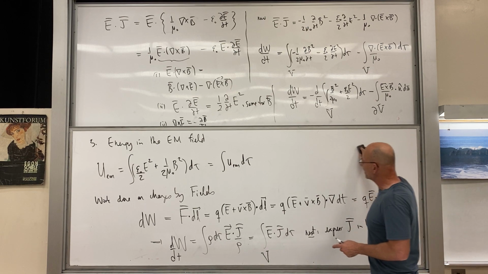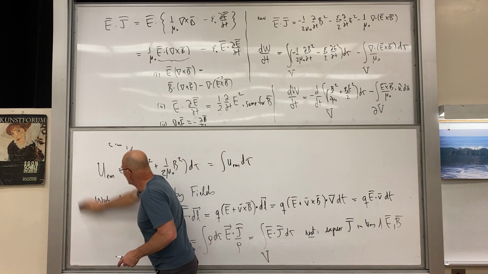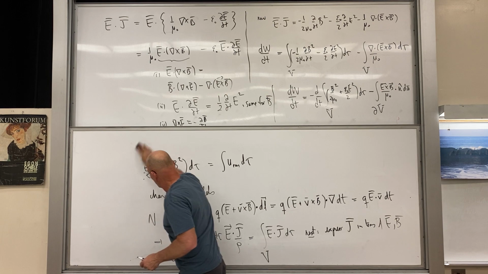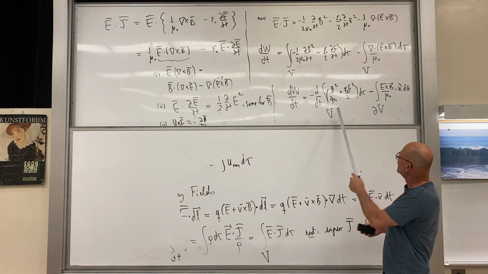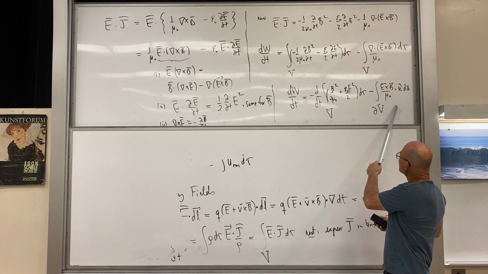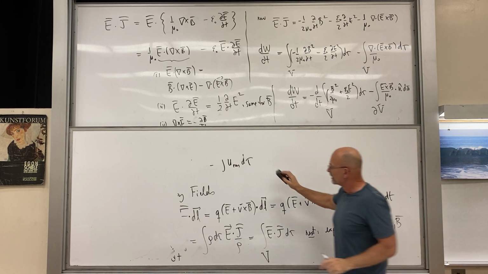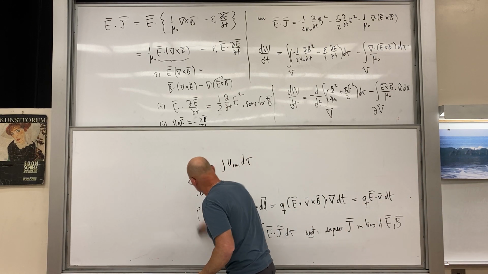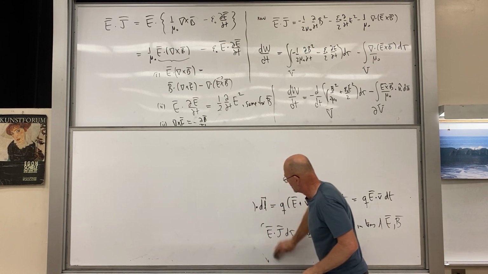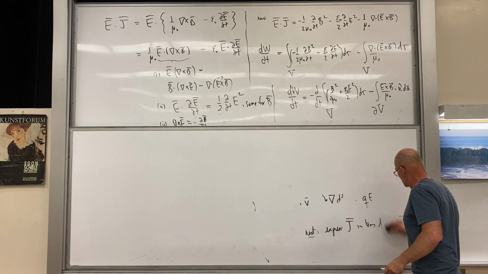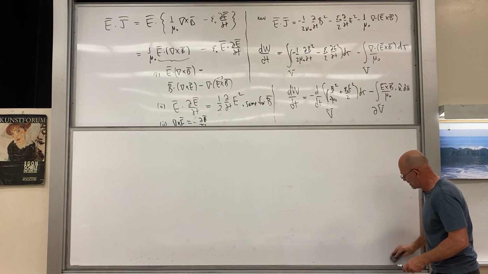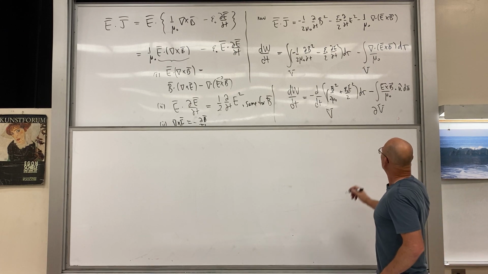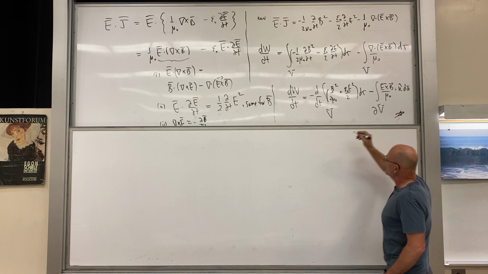So we're going to put all three of those together. This we recognize as the electromagnetic energy density. Here, there's a flux. So here, I'll put a star here.